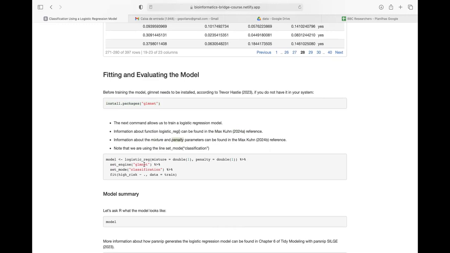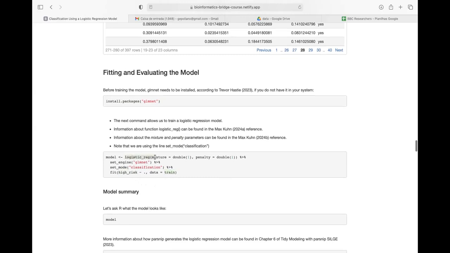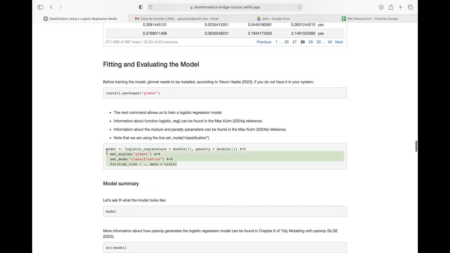For example, we are using this called generalized linear modeling, the glmnet. Note that we are using the classification mode because we want to do a classification. We want to be able to classify high-risk patients in the train data set. And we want to use a logistic regression model with these parameters. So let's go ahead and copy this here.